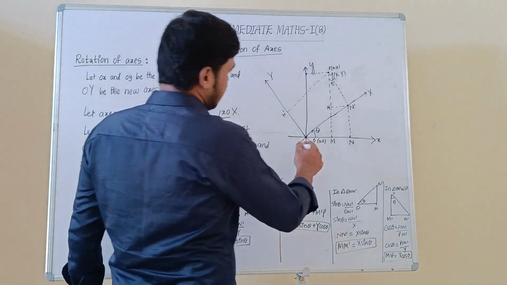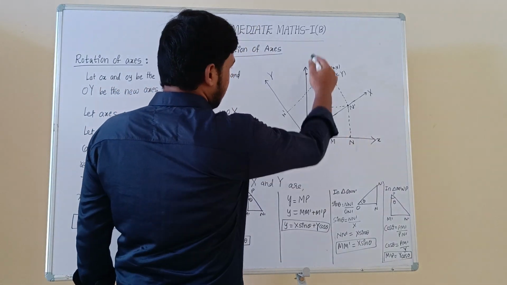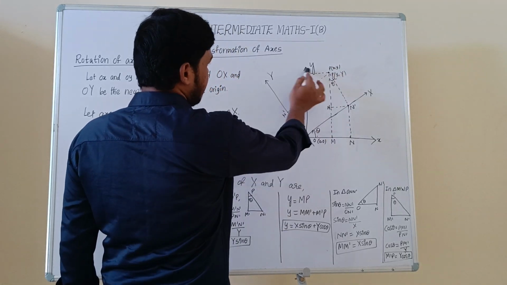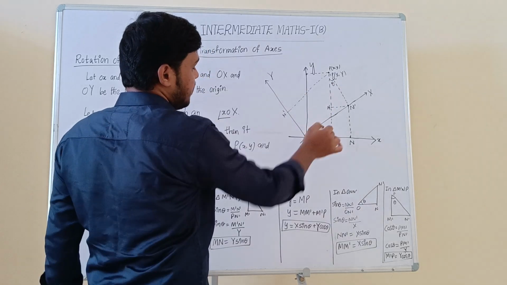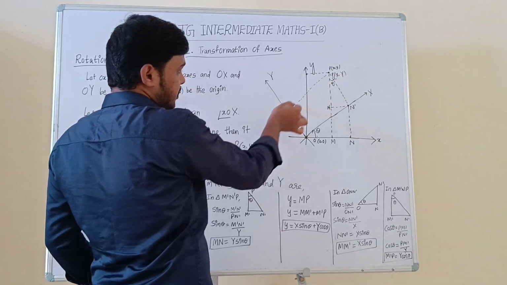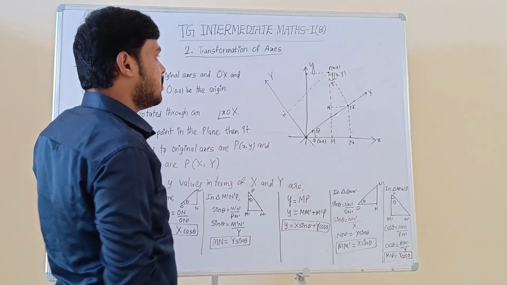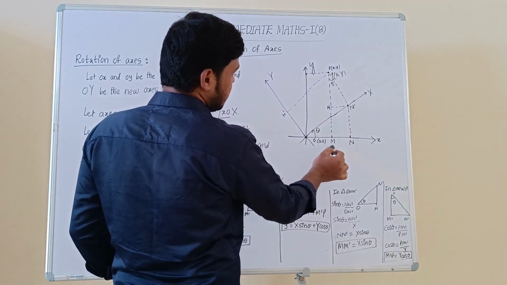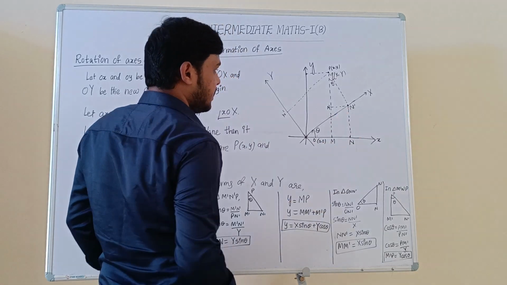Then we draw a line from P parallel to Y, and another parallel to capital Y, and join these to get the points M and N.